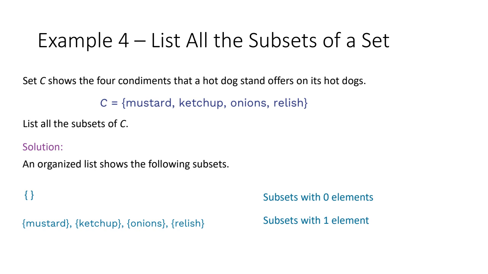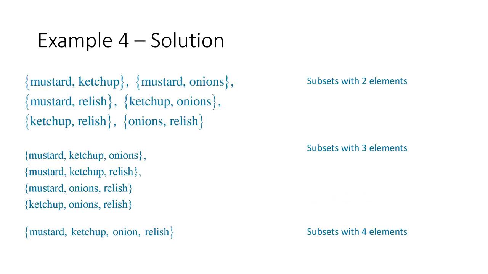You could think about it like maybe there's a client that uses only one of those: one hot dog with mustard, one person with only ketchup, one with only onions, and one with only relish. And you could keep on going that way. How many subsets can you create with 2 elements?